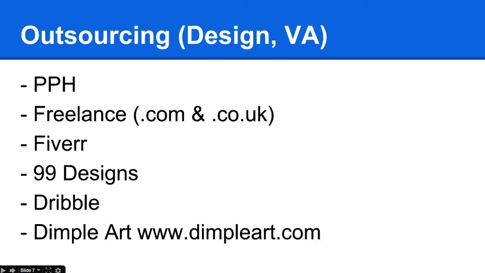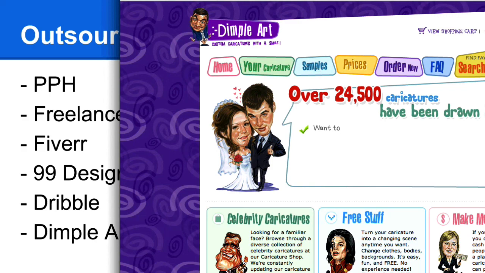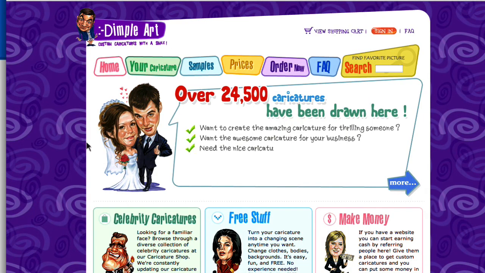Dribbble is more advanced. I'd say people even do websites and things. I've put here Dimple Art. I'm going to show you Dimple Art because this is an excellent service which you would have seen on other sites. These guys do caricatures.